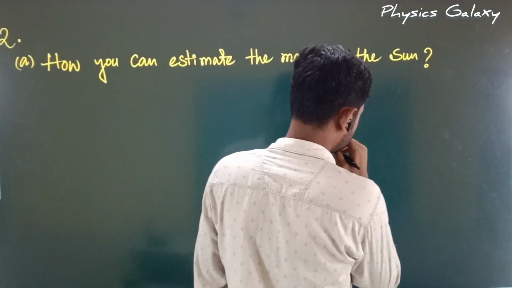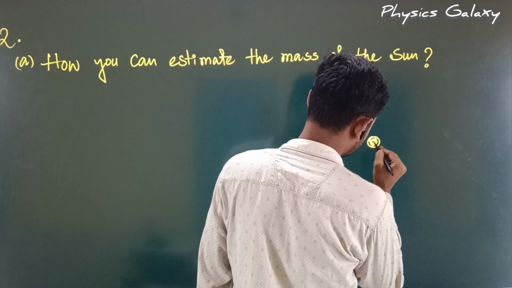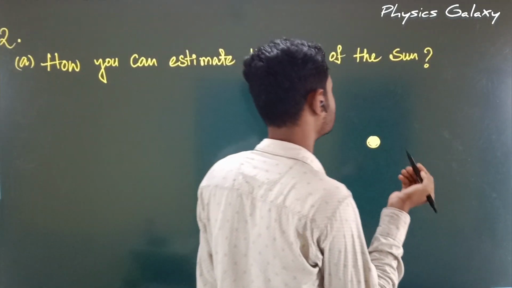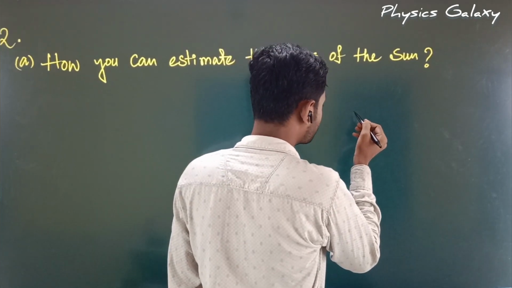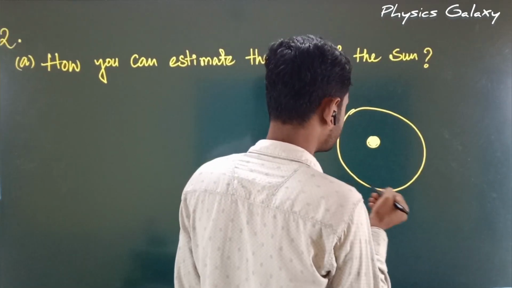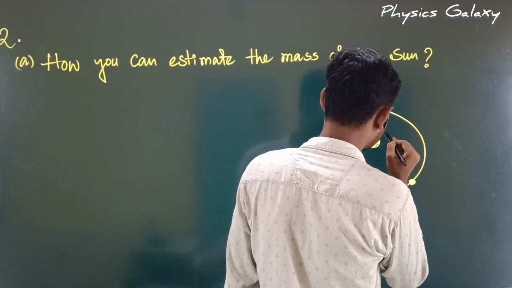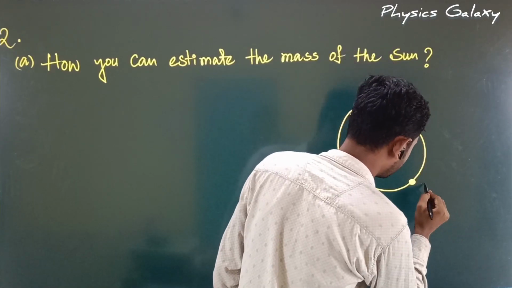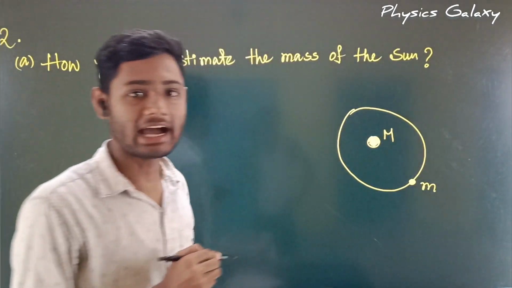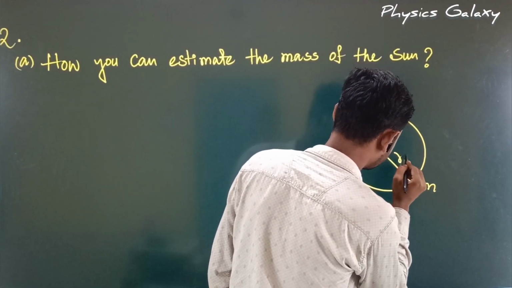Let's say this is our sun, and a planet, let's say Earth, revolves around the sun in a circular orbit. Let the mass of the sun be capital M, the mass of the Earth be small m, and the distance between sun and Earth be, let's say, r.